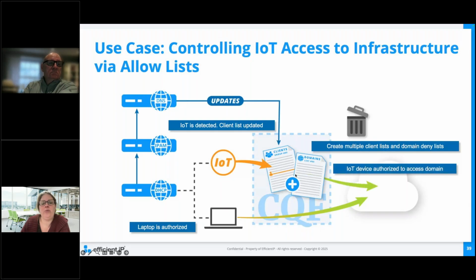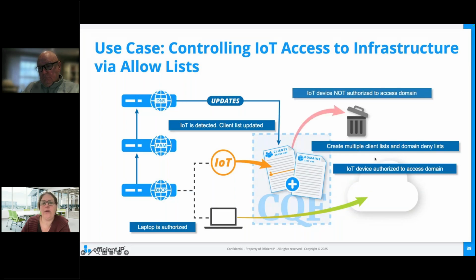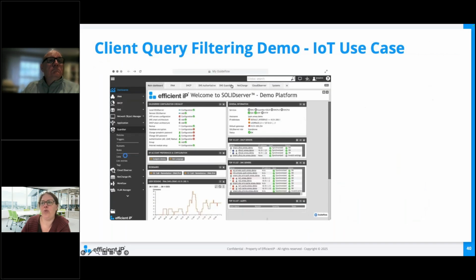Once the IoT device tries to access a domain, an application that is defined as an IoT application, it will succeed. It will be authorized. But when it tries to access anything else, it can be a search engine that this device doesn't need to access, it will be denied. And we will now see exactly this in a demo of the product.